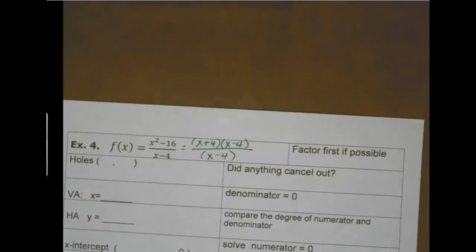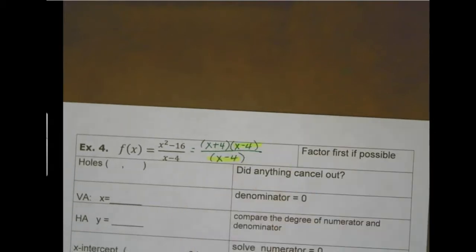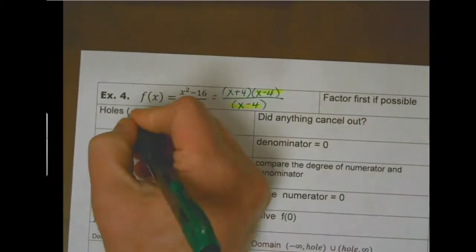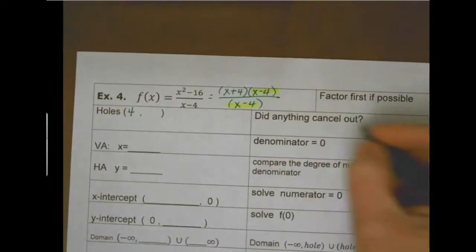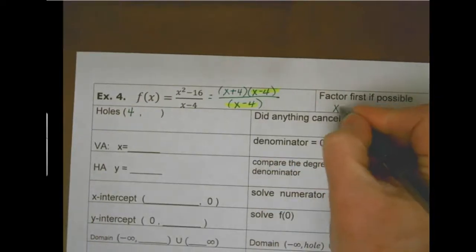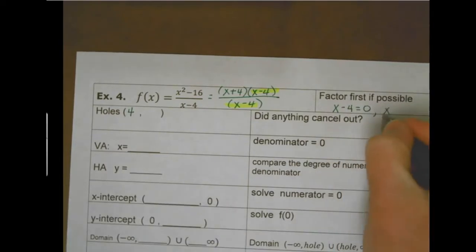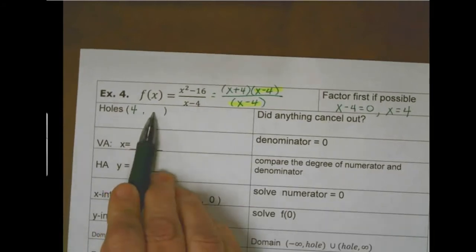Problem number 4. So, was there a hole in problem number 4? Where was the hole? When you solve x minus 4 equals 0, that gives you the x part of the hole. We also have to figure out the y part of the hole.